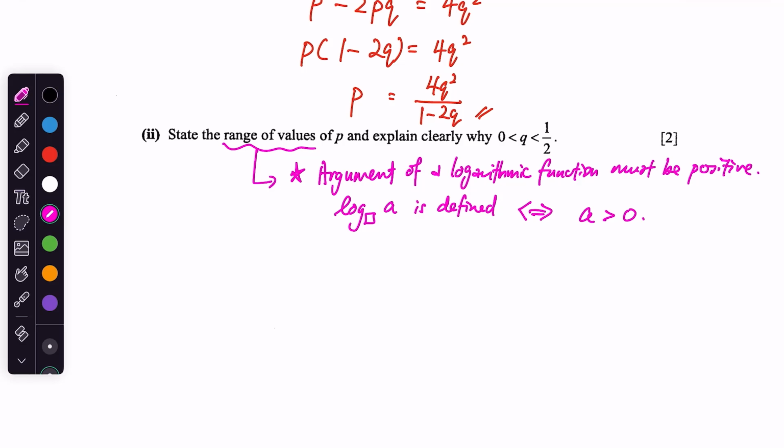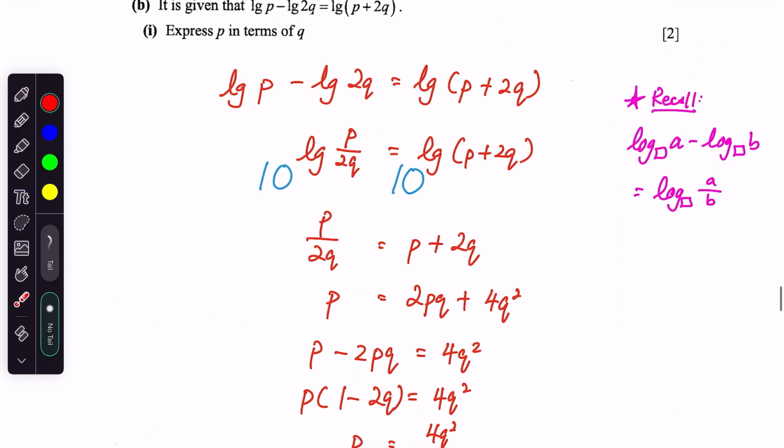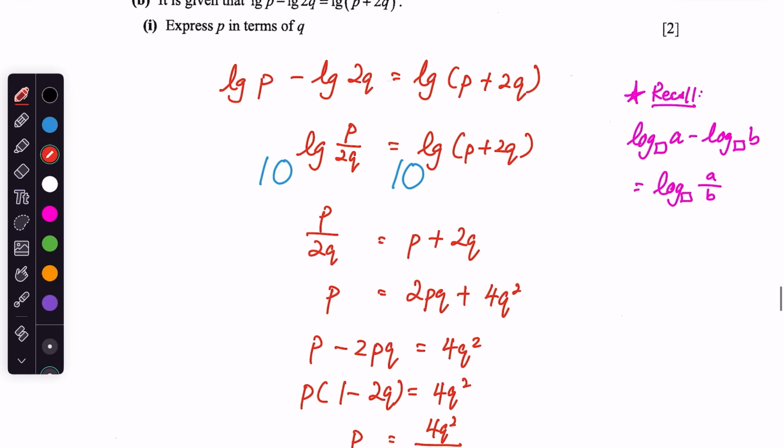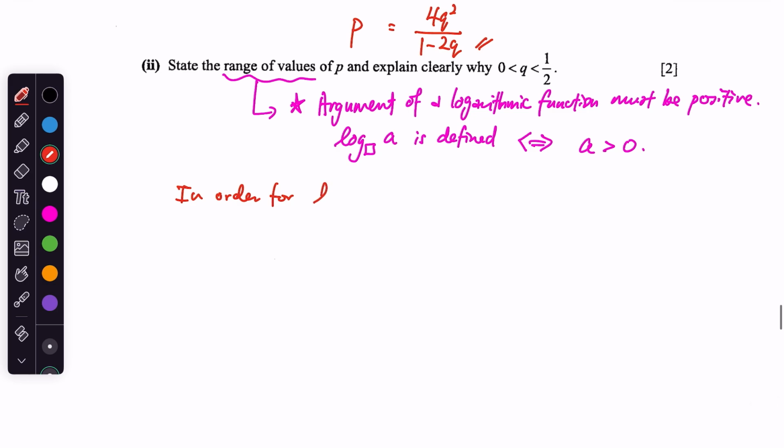So we just write down that in order for, which term do we need to look at? The simplest one is log p, right? So if log p is defined, that means it's legal to write it down, right? So in order for log p to be defined, p must be more than 0. So that's the range of values of p. Okay, we are done with that.